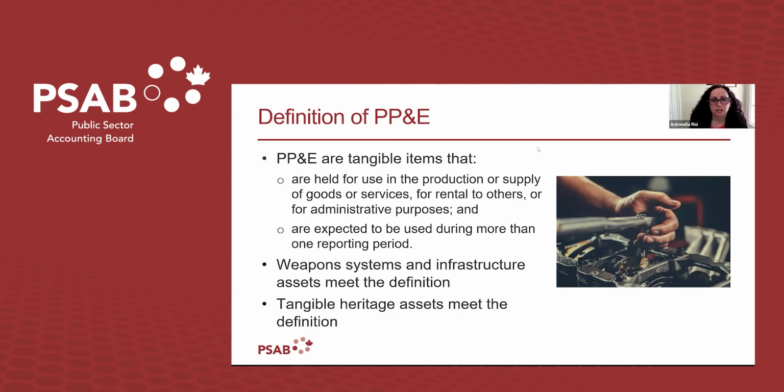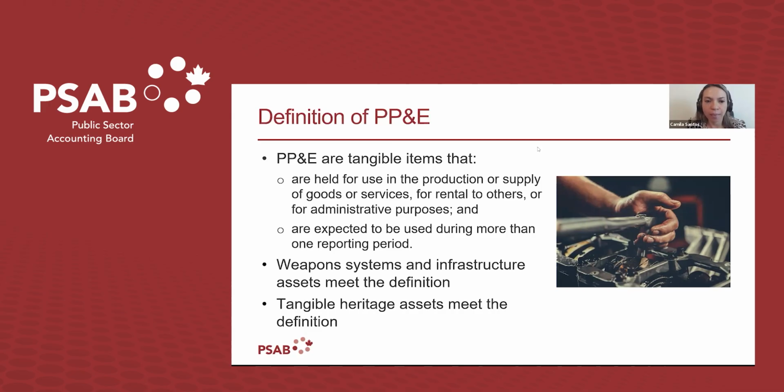That's very helpful. And it looks like from the slide that tangible heritage assets are also included in the definition of PP&E. Can you tell us a little bit more about this? Yes, tangible heritage assets that meet the definition of PP&E should be accounted for in accordance with IPSAS 45.